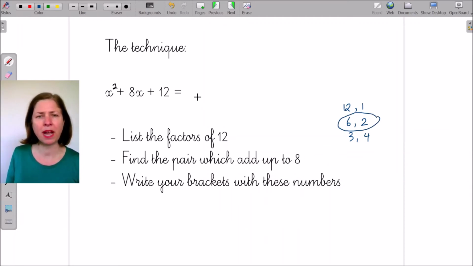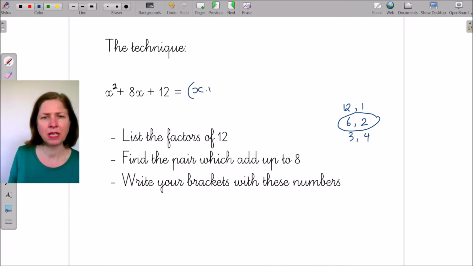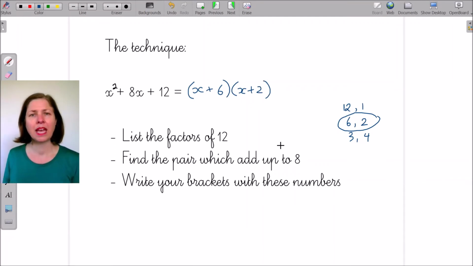Now I just write my brackets with these numbers, x plus 6 and x plus 2. And I'm done. So first I list the factors of 12, which is the constant term, the last one. Then I find the pair which add up to 8, which is the coefficient of the x term.